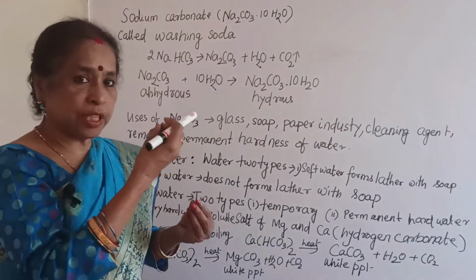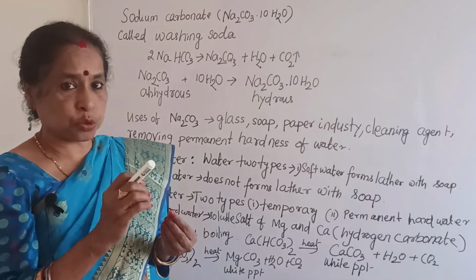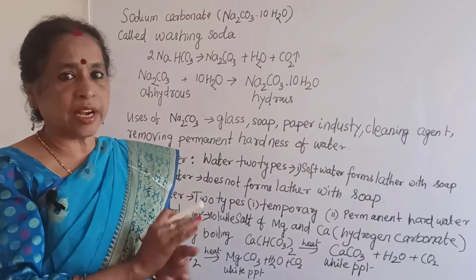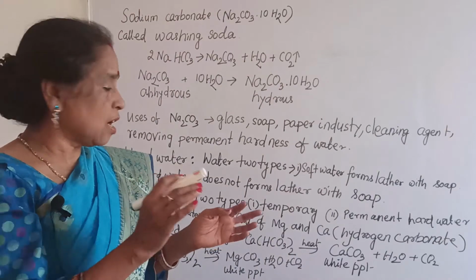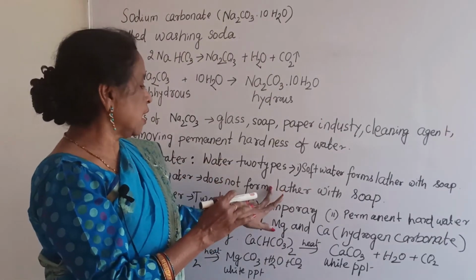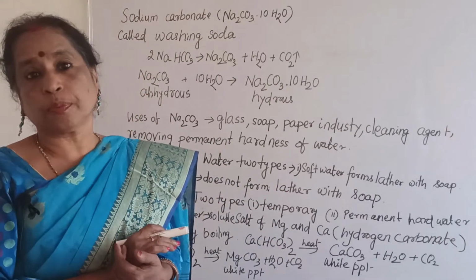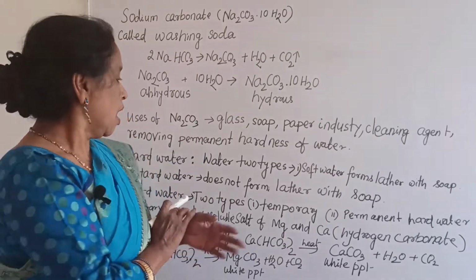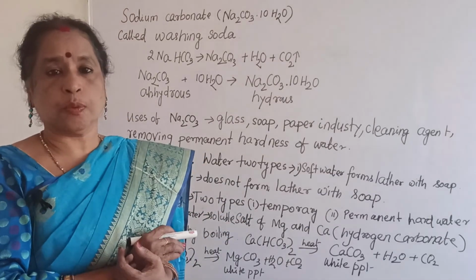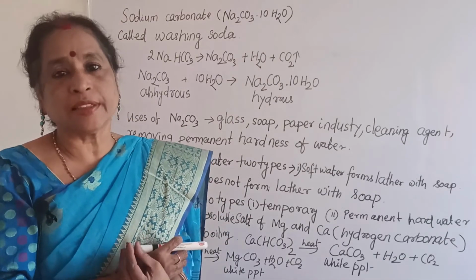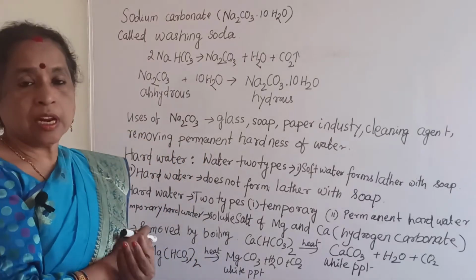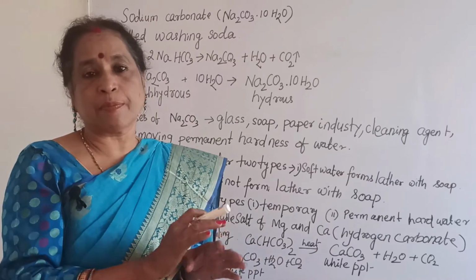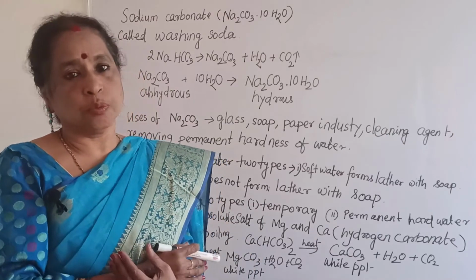So when we use soft water with soap, you will find good lather formation. Hard water does not form lather with soap. It never forms lather with soap, or a little amount of lather may form. So it is the main property of hard water. Hard water never gives lather with soap.